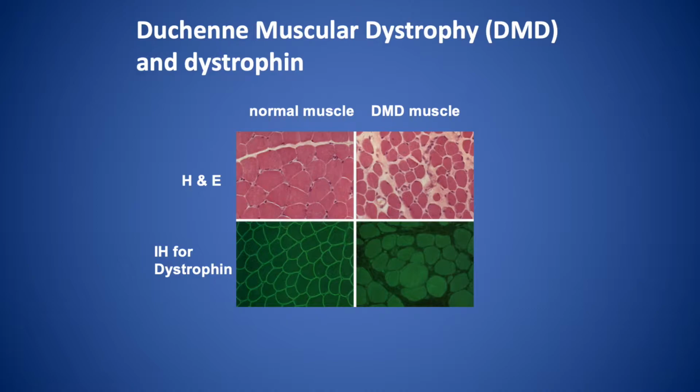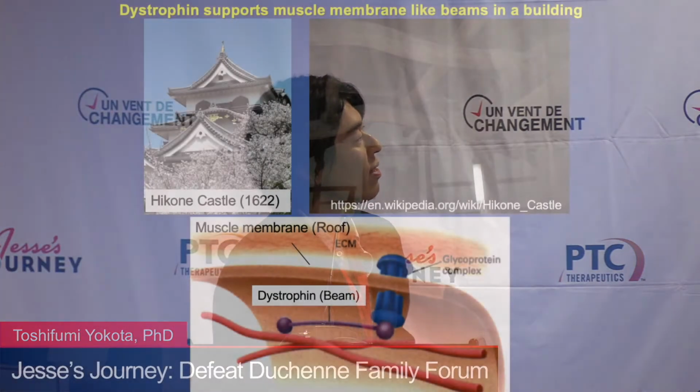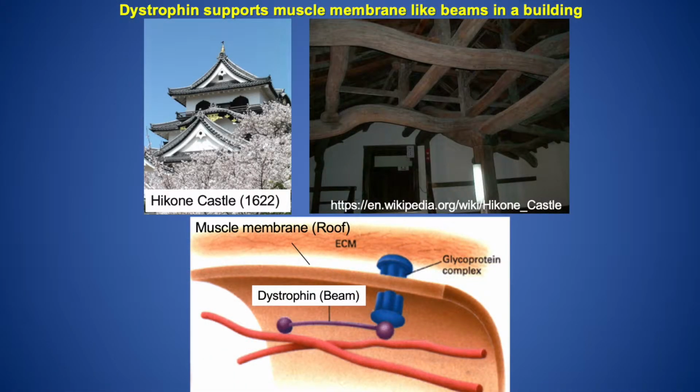In 1987, Dr. Eric Hoffman, who was actually my postdoc mentor in Washington, D.C., and his group discovered dystrophin. Dystrophin is localized at the membrane of muscle fibers and supports muscle fibers. So this slide explains the role of dystrophin in muscles.